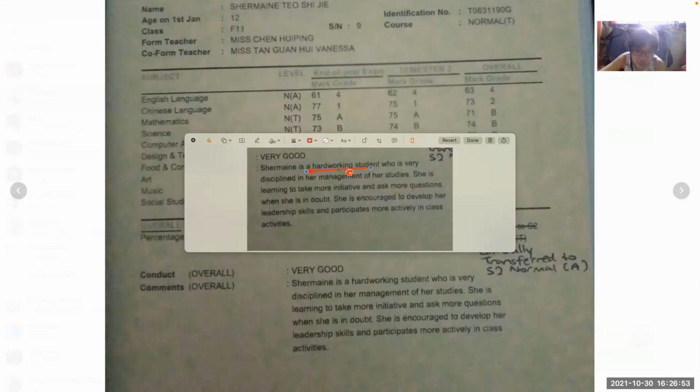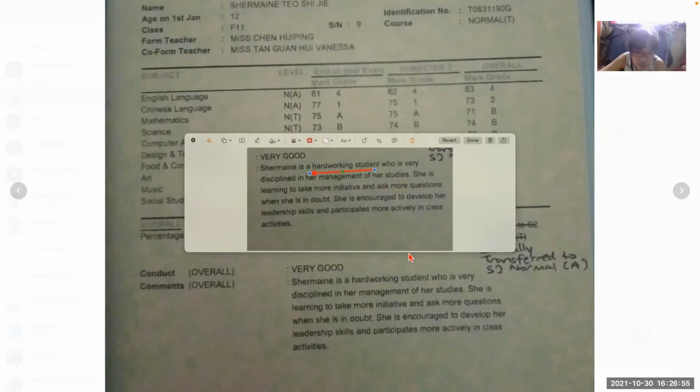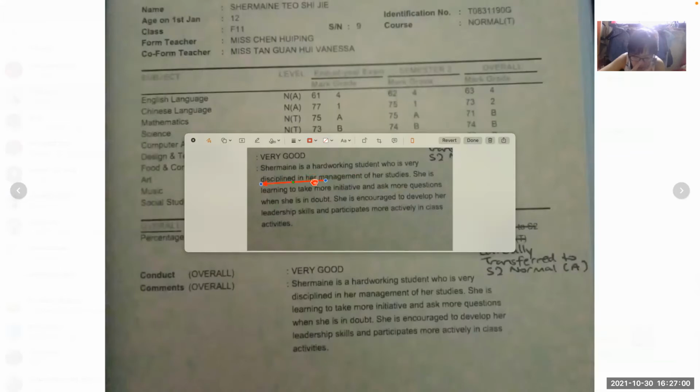Hardworking. Okay lah, compared to last time, yes lah, more hardworking. But when it comes to discipline, maybe not very disciplined because you never read the question carefully. Discipline means you read the question carefully, you read the question word by word. That's called discipline. But I don't see that kind of discipline level from you. So I want you to improve on your attention to detail.